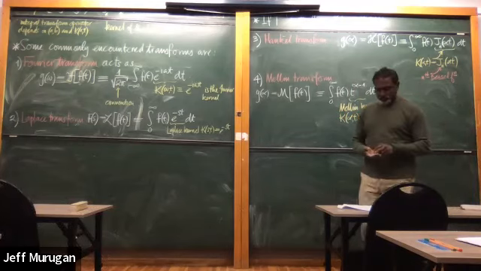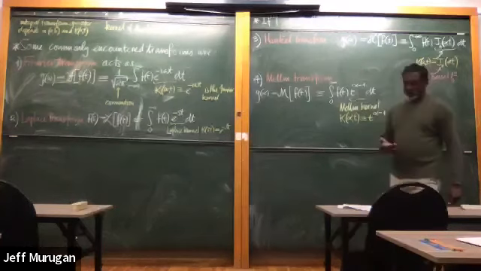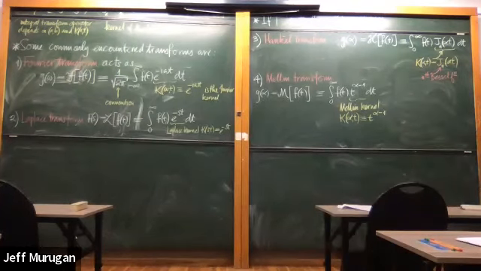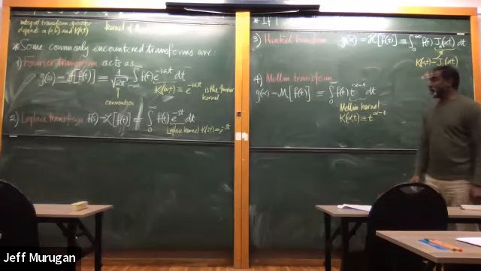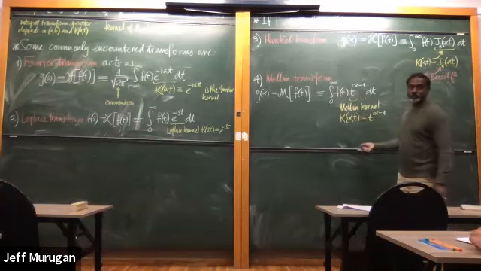If this transform looks familiar, that's because the gamma function, gamma of alpha, is just a Mellin transform of an exponential.